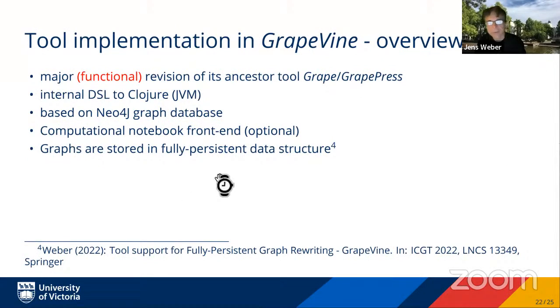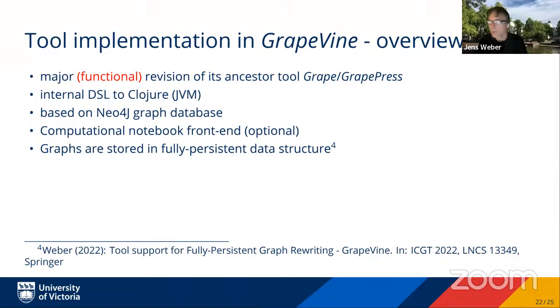Okay, so looking at the implementation within GrapeVine here, the GrapeVine tool is a major revision of these ancestor tools, Grape and GrapePress. So it's really changing the computation model completely to this functional model.